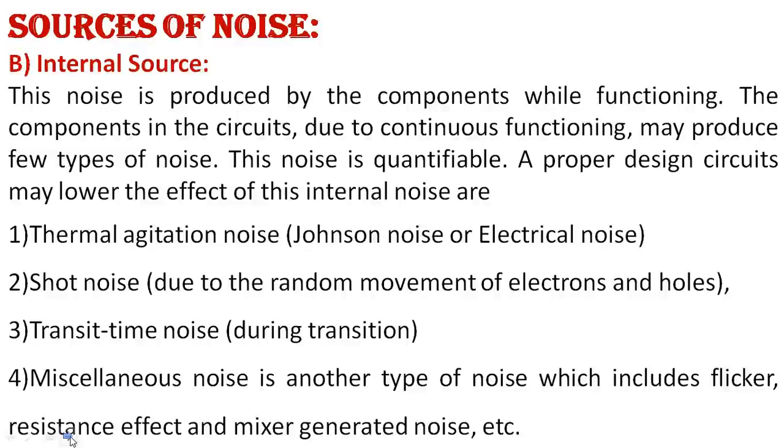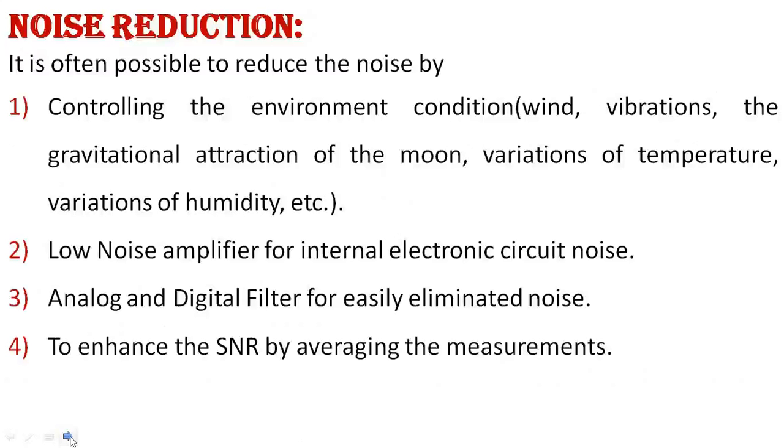Second one is the shot noise due to random movement of electrons and holes. Third one is the transit time noise during transition. Fourth one is the miscellaneous noise, another type of noise which includes flicker, resistance effects and mixer generated noise, etc. So these are the internal sources of noise which generate the noise or error at the output.